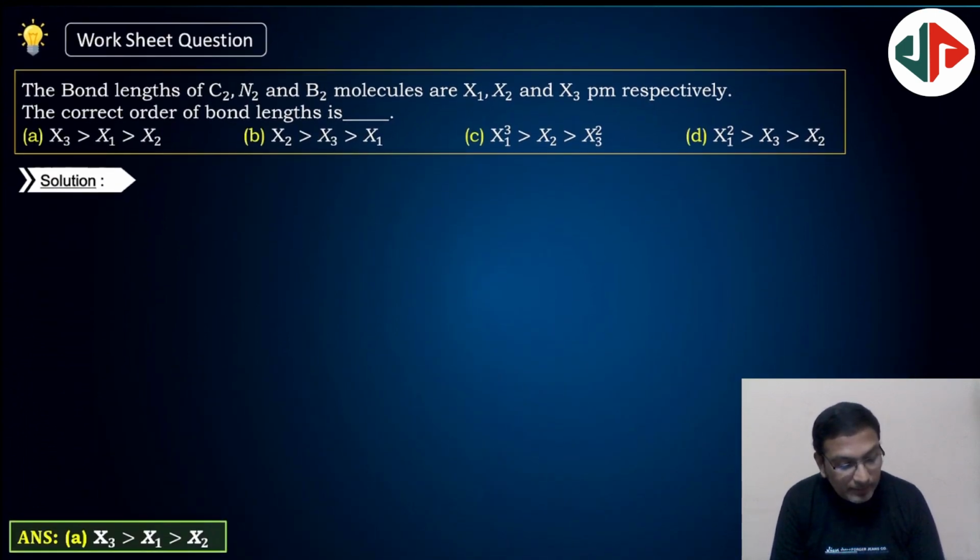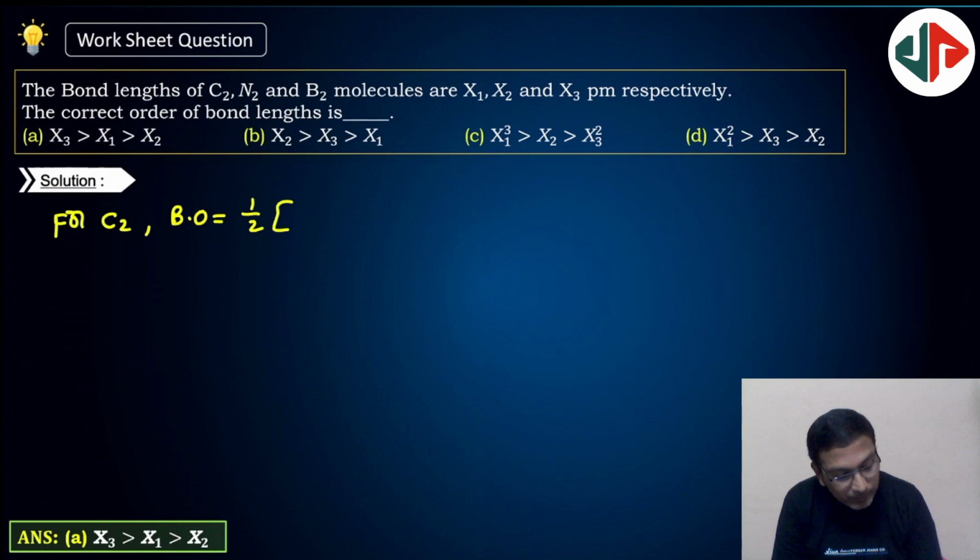Bond lengths of C2, N2, B2 molecules are X1, X2, X3 picometers respectively. What is the correct order of bond length? First we can calculate bond order. For C2, bond order equals half into bonding electrons minus anti-bonding electrons.